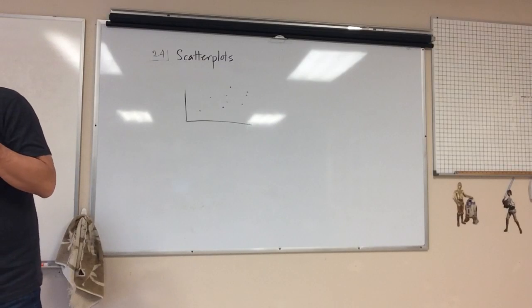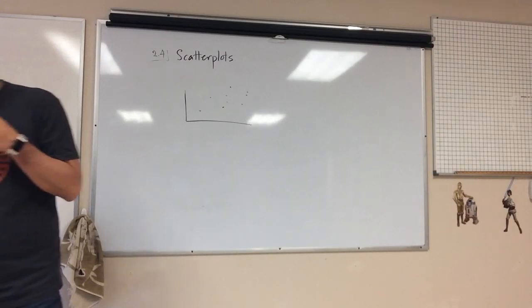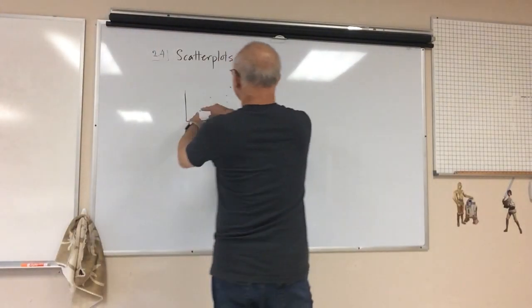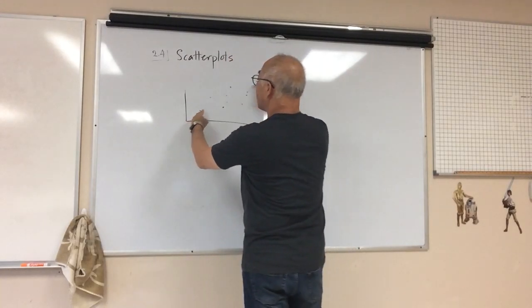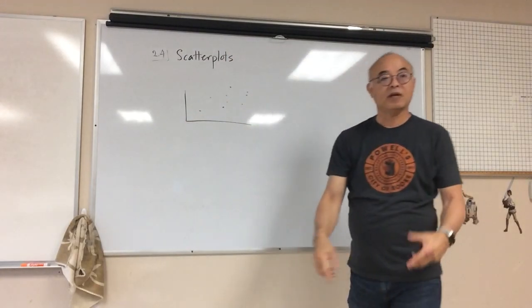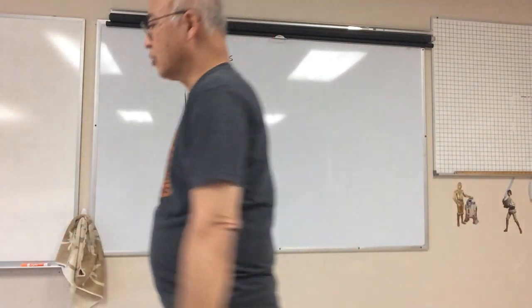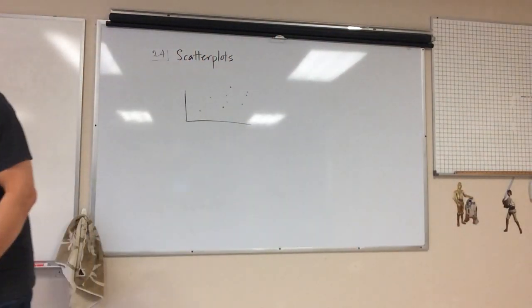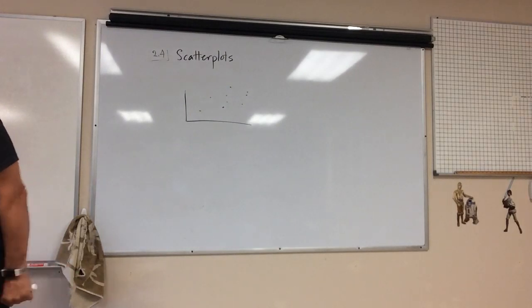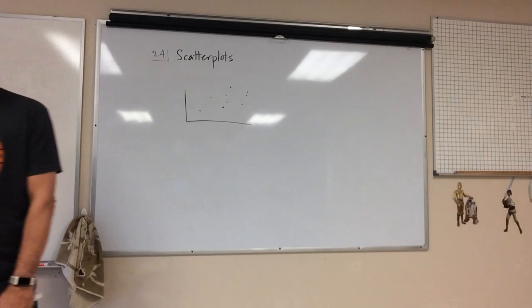Linear correlation. A linear correlation exists between two variables when the plotted points of the data result in a pattern that can be approximated by a straight line. So if you can approximate this by a straight line, then it's a linear correlation. Correlation itself exists between two variables when one variable is somehow associated with the other one.